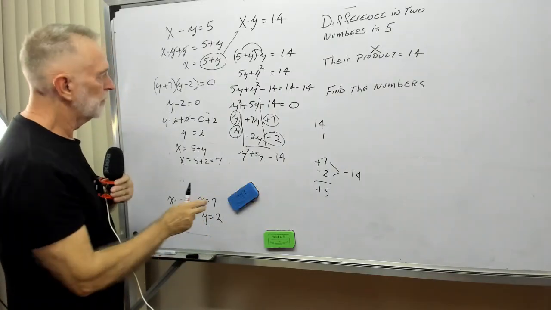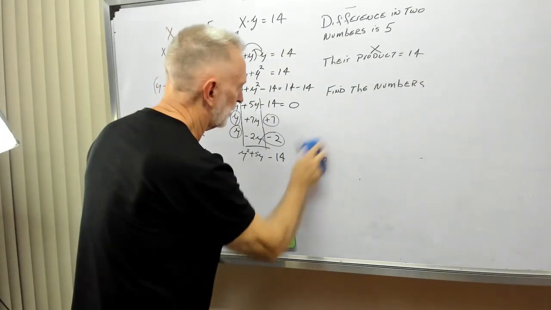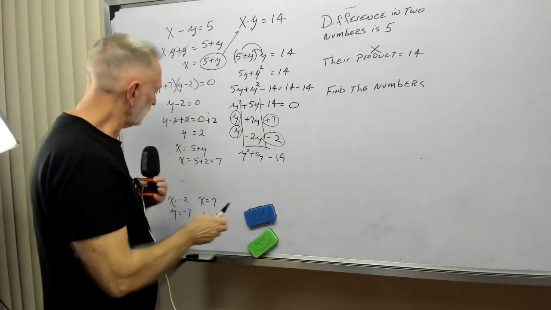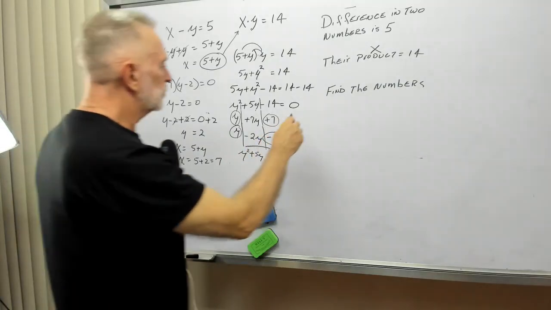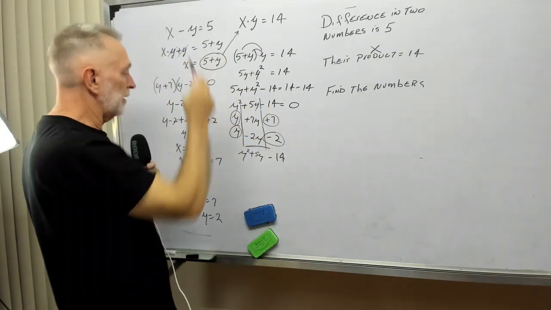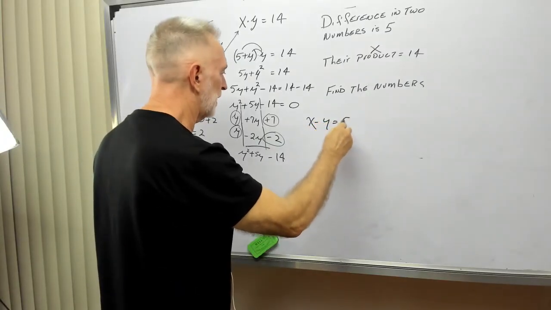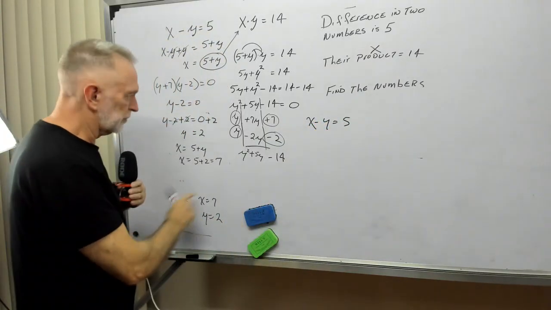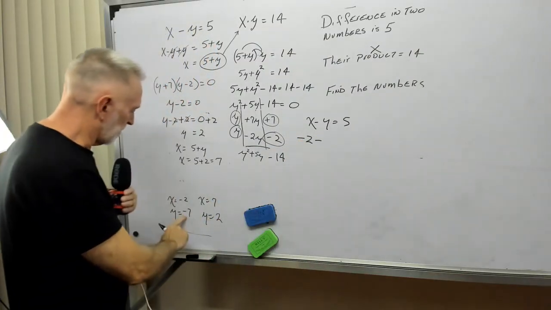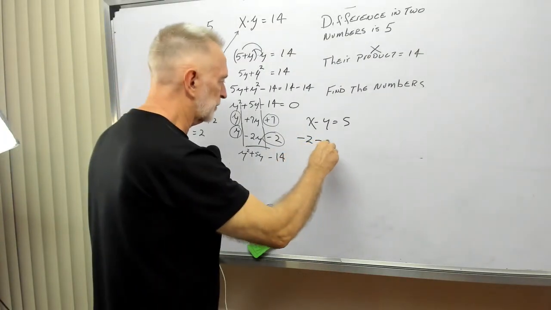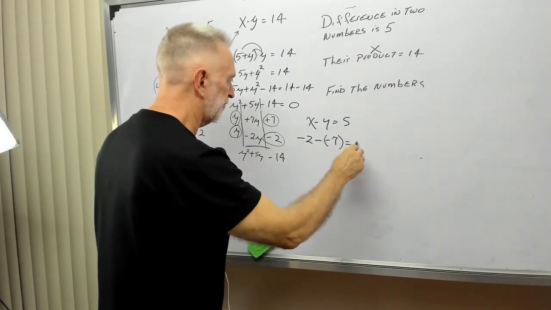All right, let's think about this for a moment. Let's work it right here. We have X is negative 2, and X minus Y is supposed to equal 5. If X is negative 2 minus, minus negative 7, and that's supposed to equal 5.